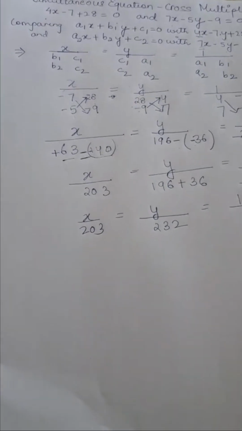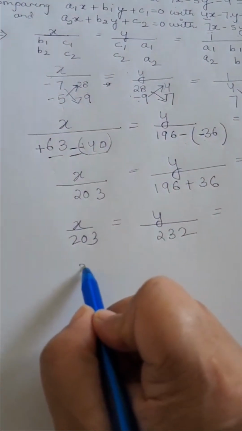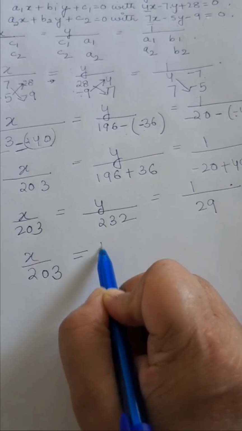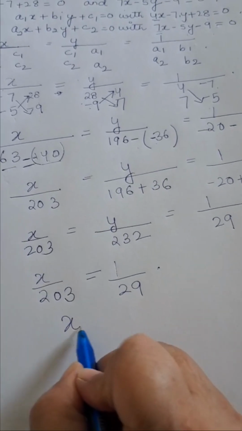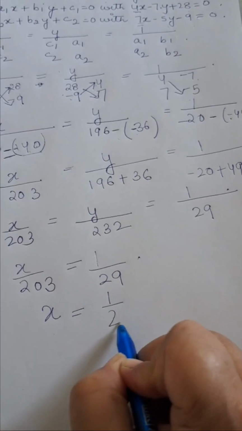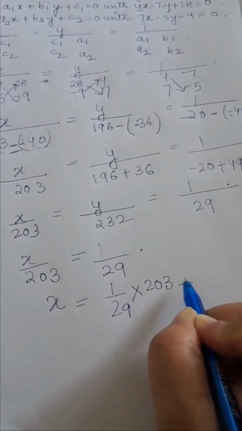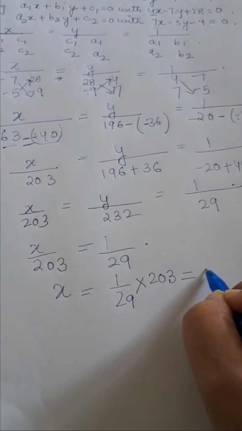Now we see here x by 203 is equal to 1 by 29. So x is 1 by 29 into 203. Divide 203 by 29, right?